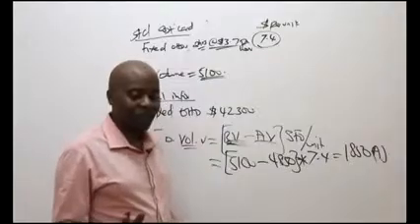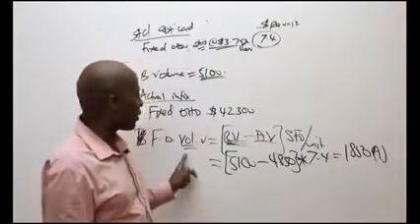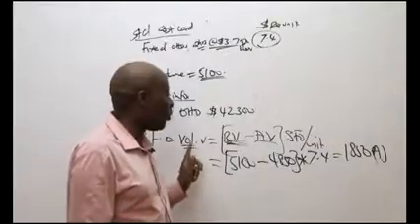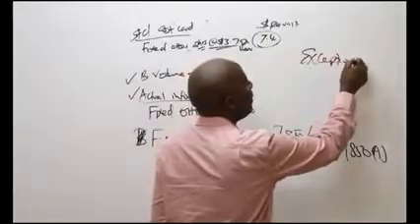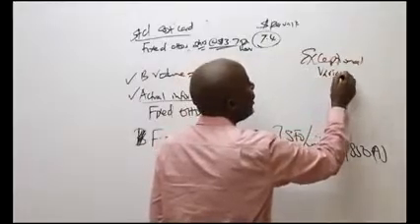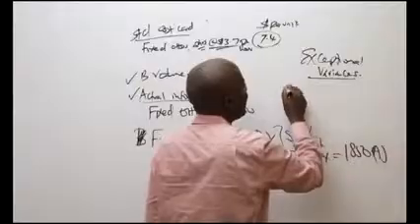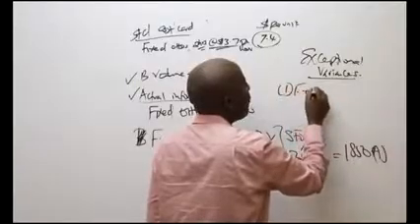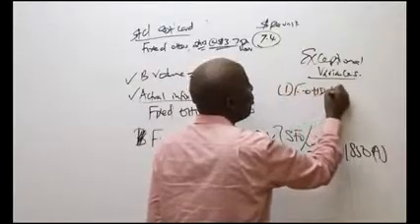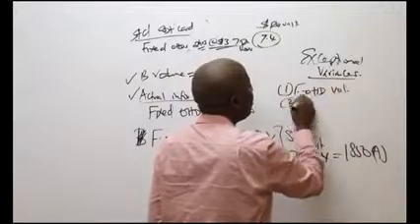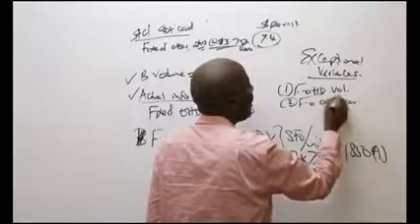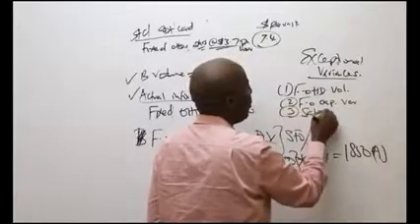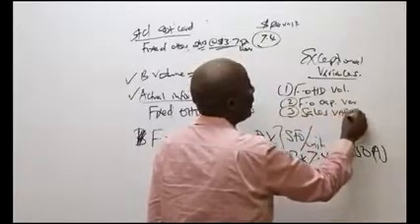That is wrong. Why? Because fixed overhead volume variance is an exceptional variance. If you can remember the exceptional variances, number one, we have fixed overhead volume. Number two, we have fixed overhead capacity variance. And number three, we have all sales variances.